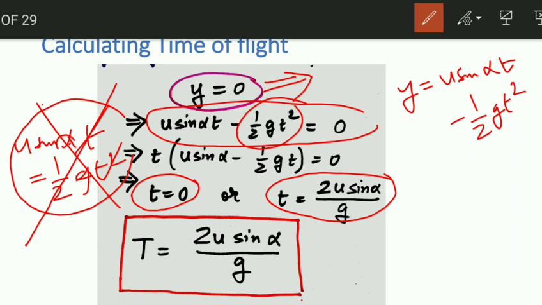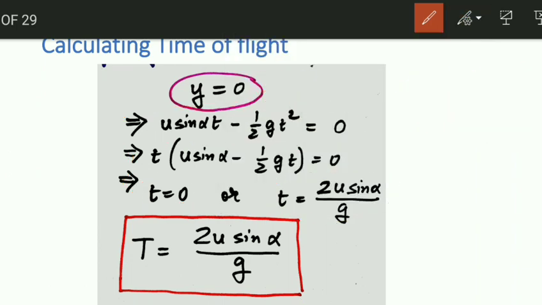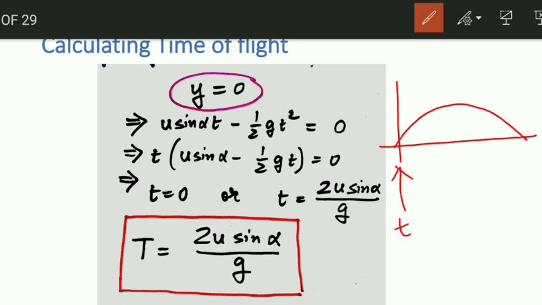t is equal to 0 and t is equal to 2u sin alpha by g. And so I can say that this is my projectile. At this point it is t is equal to 0, and at this point it is t is equal to 2u sin alpha by g.